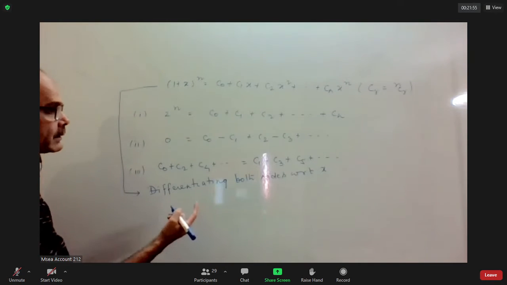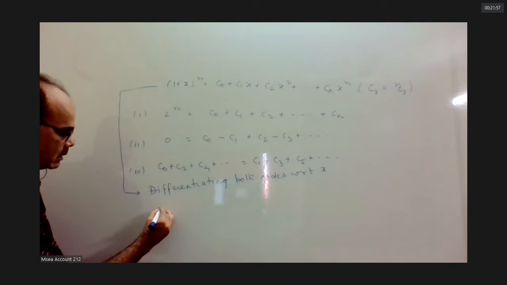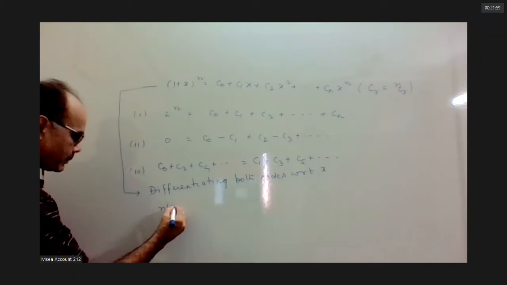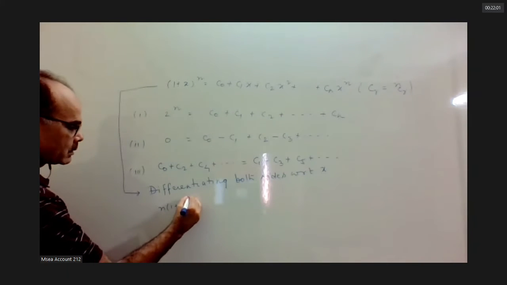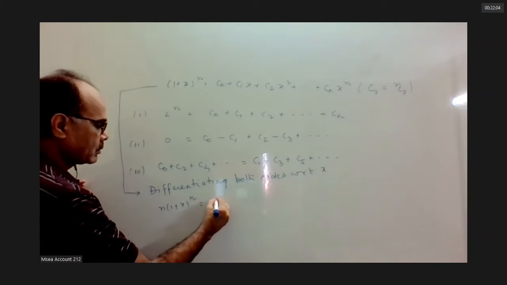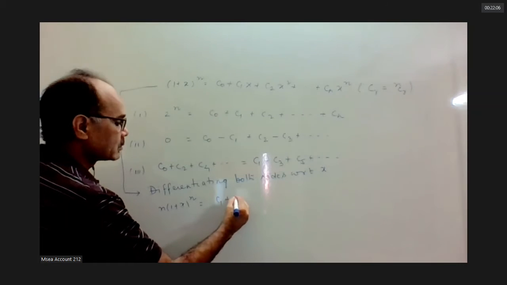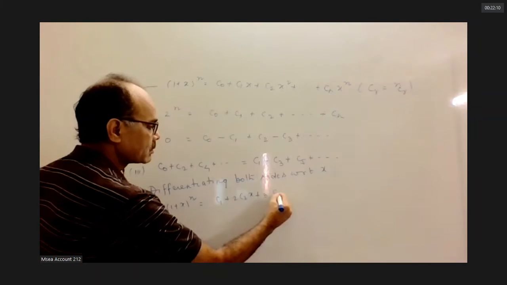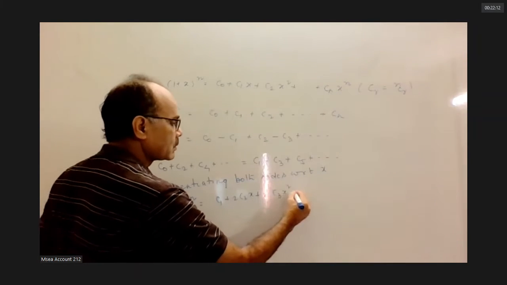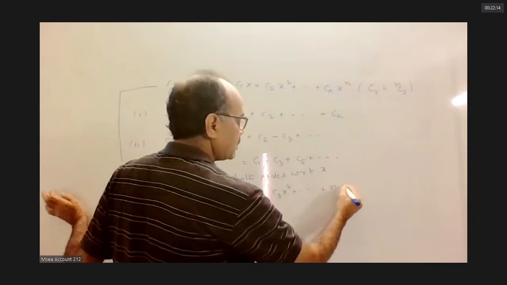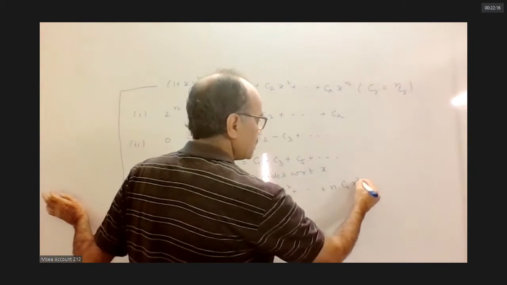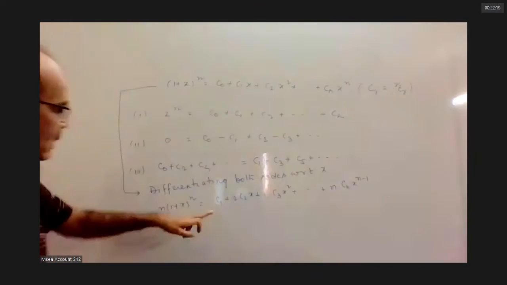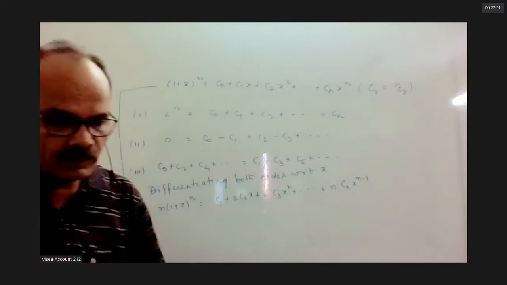Differentiating both sides with respect to x, we have, now this is also an identity.